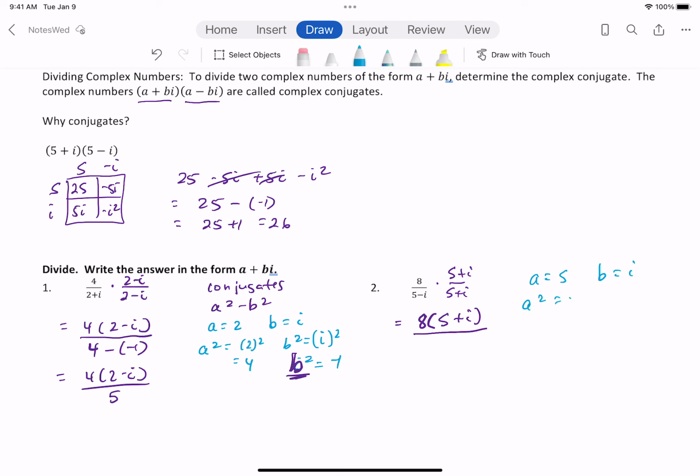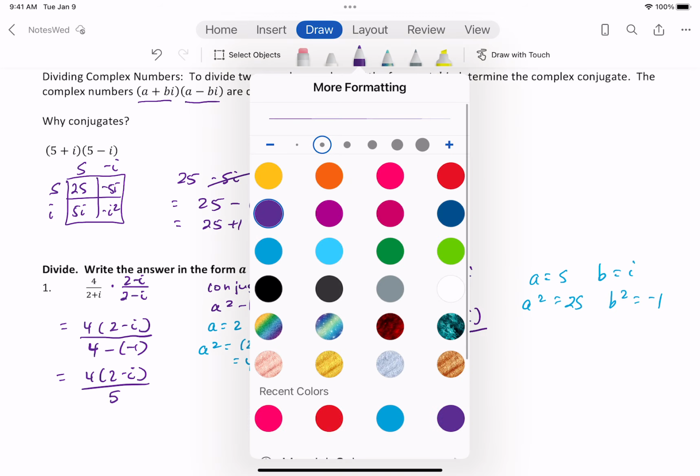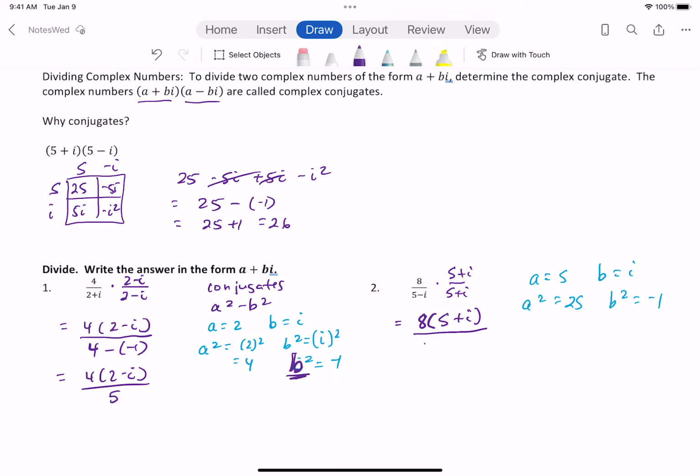So a squared is 25, and b squared is going to be negative 1, just like the last problem, right? So we get 25 minus negative 1. So the top stays the same. The bottom is going to be 25 plus 1 is 26.